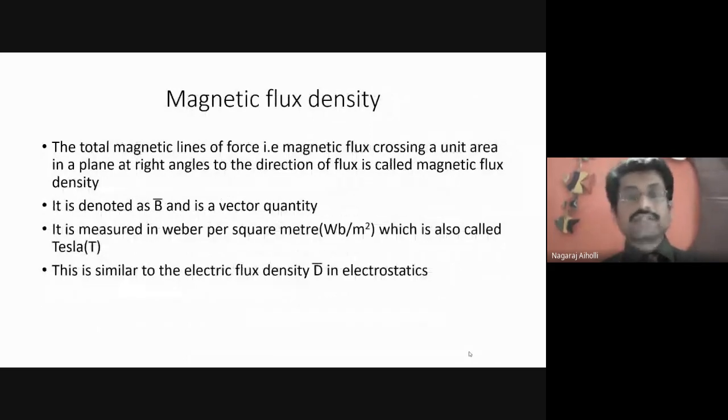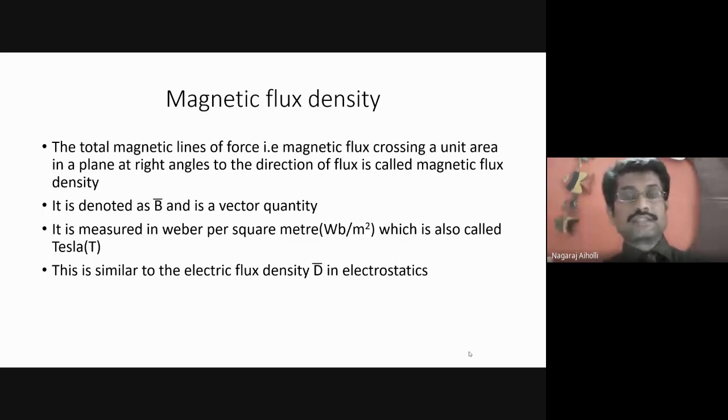The next definition that we are going to study here is the definition of magnetic flux density. As we know, electric flux density is the amount of flux or the amount of charge per unit area, right? We consider charge and flux both are similar. Hence, the amount of charge per unit area, or the amount of flux per unit area, is called the electric flux density.